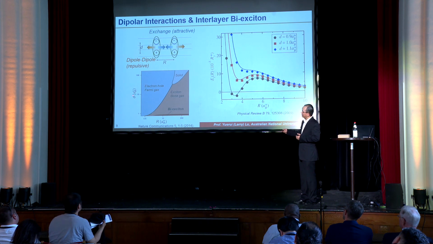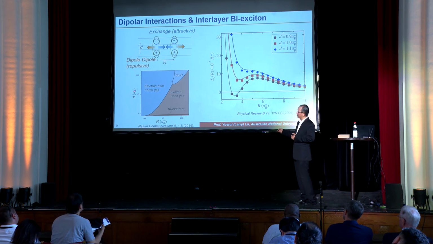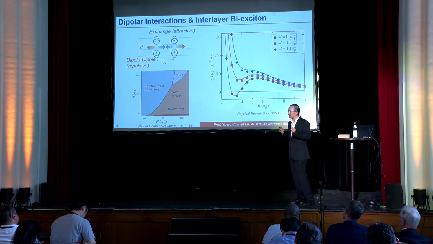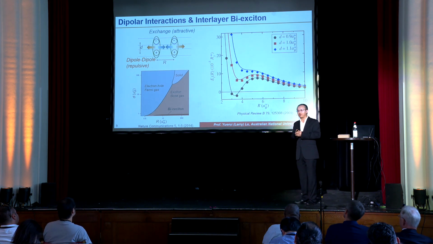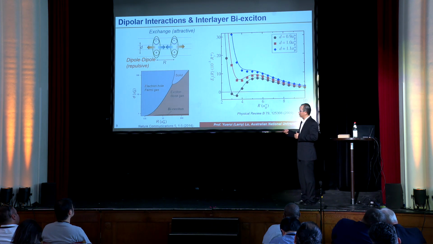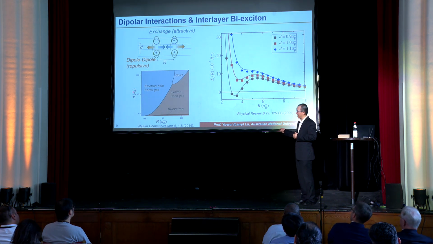Here, D needs to be smaller than the average size of the interlayer exciton. That's why in past decades, people didn't see this kind of interlayer bi-exciton in coupled quantum well structures, because it was very hard to make the interlayer distance in the quantum well structure as small as the size of the interlayer exciton.